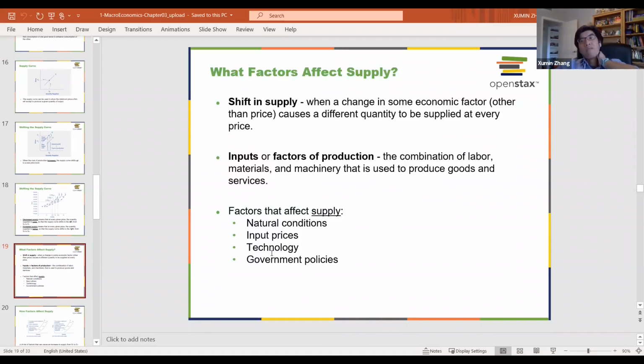Why? We have higher technology, higher productivity, and it also increases production efficiency. So this is very likely to shift the supply curve to the right. But the natural condition, most of the time, decreases our supply. Just imagine drought or flooding, those natural disasters.